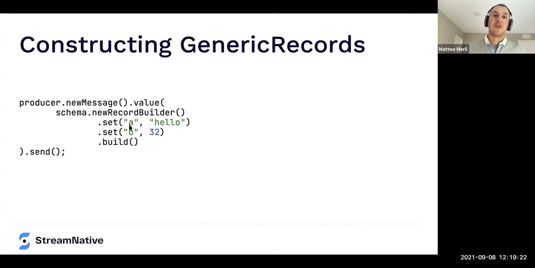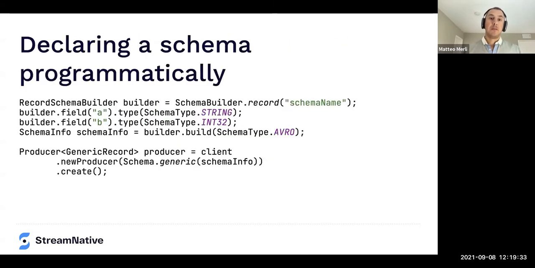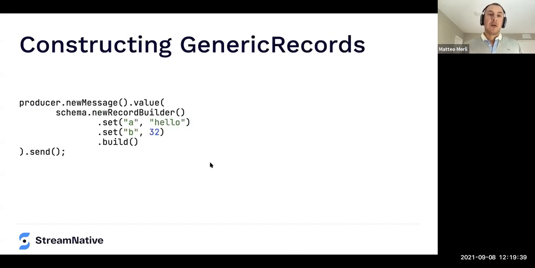So I'm creating this generic object. Since this was an Avro generic schema, it gets serialized as Avro because we declared this schema info to be Avro. So this gets serialized into Avro, but I don't have to write a Pojo for it. I might not have access to a Pojo. I'm just programmatically declaring the schema for this topic.